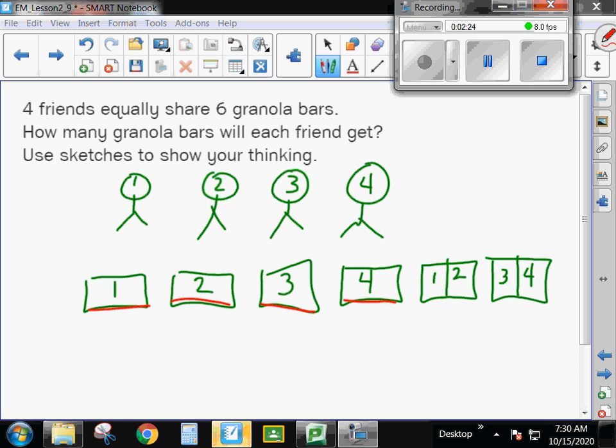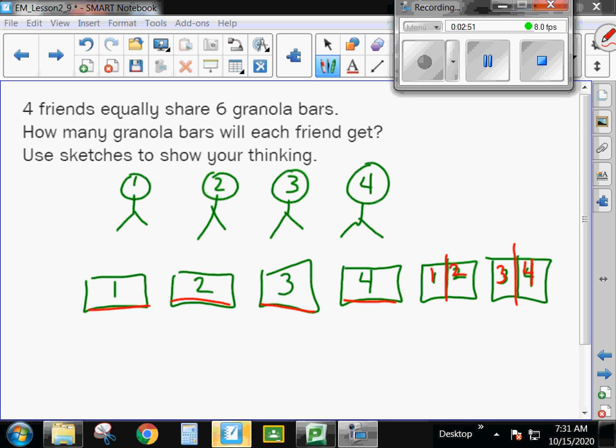Well, when it comes to granola bars, when I have something left over, could you split up those granola bars? Right? So we could take one of the granola bars and split it in half, and friend 1 gets 1 piece and friend 2 gets 1 piece. And we could take the other granola bar, split it in half, friend 3 gets 1 piece and friend 4 gets 1 piece. So to answer the question, how many granola bars will each friend get?